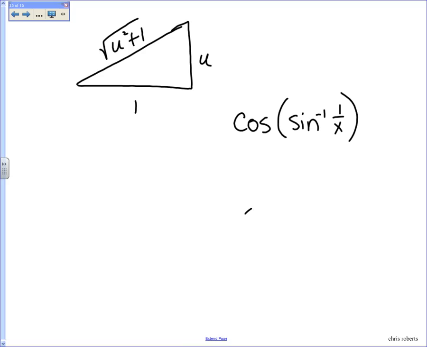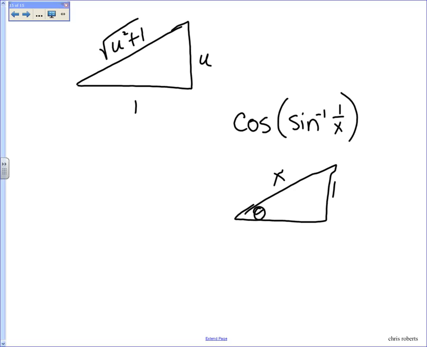So let's create ourselves a right triangle. We're going to call this angle theta, and we're going to set that triangle up so that theta has a sine value of 1 over x. So the opposite divided by the hypotenuse is 1 over x.